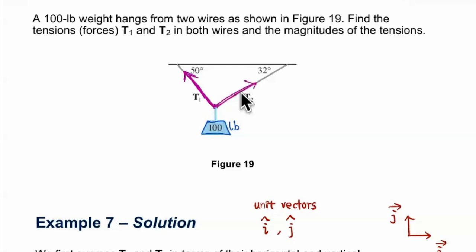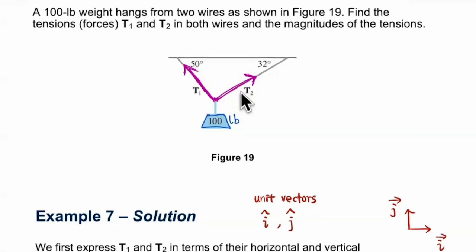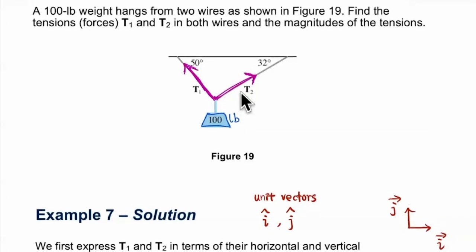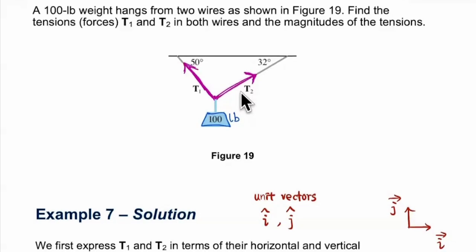That's T2. Okay, the 2 tensions, those are the forces. And the question over here, they try to find T1 and T2. They give you the angles here, 50 degrees and 32 degrees. Can you find the tension along each cable, T1 and T2?